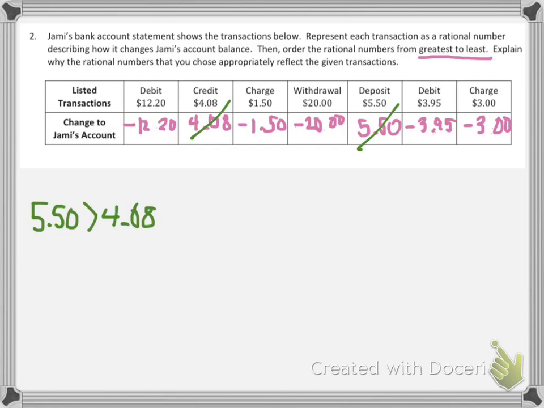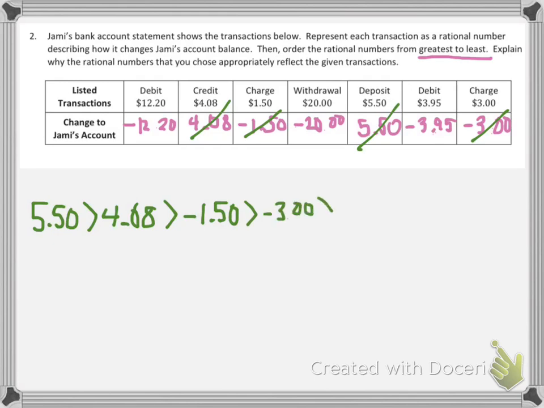So the next biggest number is the one closest to 0, which would be my negative 1.5. So that's a little bit bigger than negative 1.50. And then the next negative I would run into is a negative 3. So that's greater than negative 3.00.